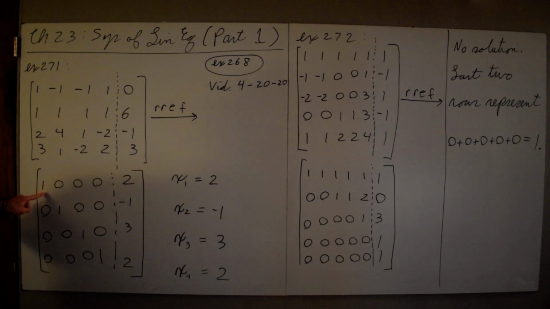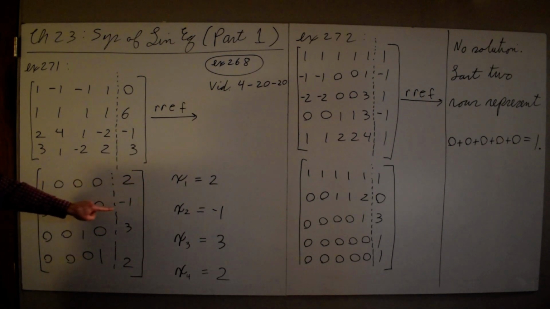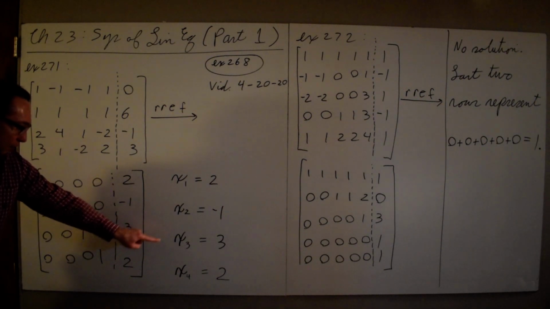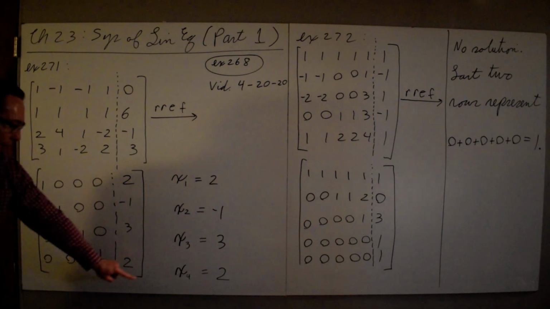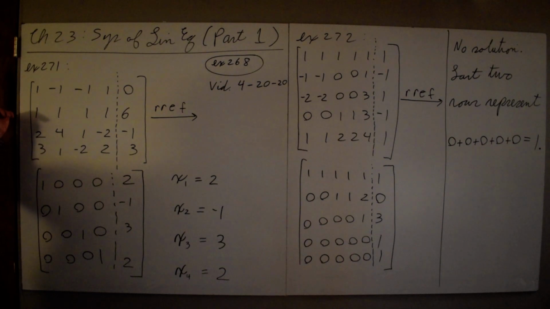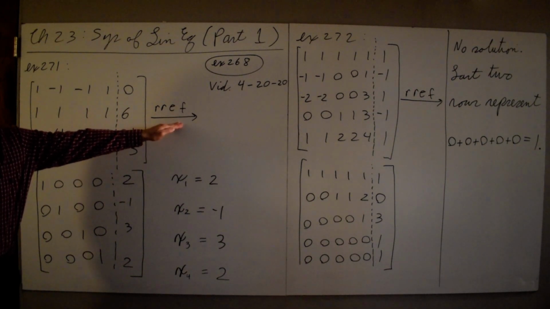So we have x sub 1 is equal to 2. x sub 2 is equal to negative 1. x sub 3 is equal to 3. x sub 4 is equal to 2. And so solving this system was really just a matter of putting the augmented matrix in reduced row echelon form.